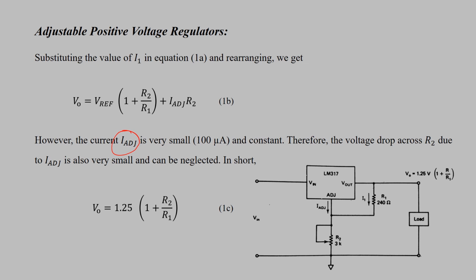Therefore, the voltage across R2 due to IADJ is very small and can be neglected, and we can write V0 as 1.25 (1 + R2/R1). This is the output voltage for this adjustable positive voltage regulator.